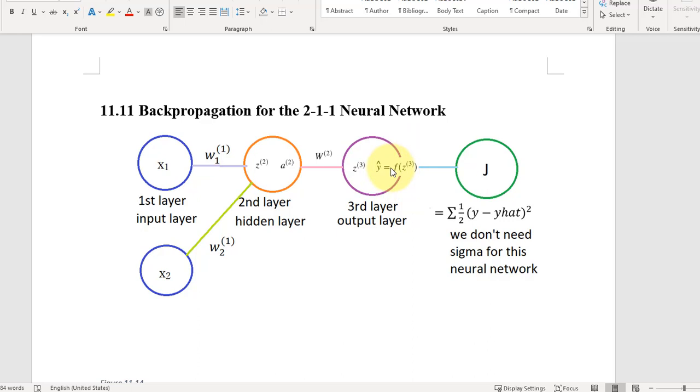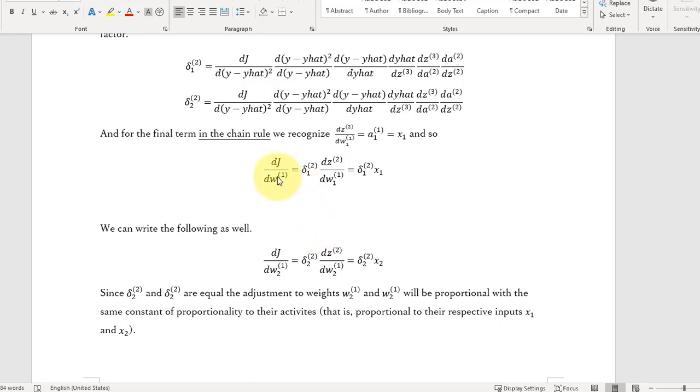So we sometimes use that word for the output of the node. So this says that the derivative is proportional to the activity of node 1, and this one is proportional to the activity of the x2 node.